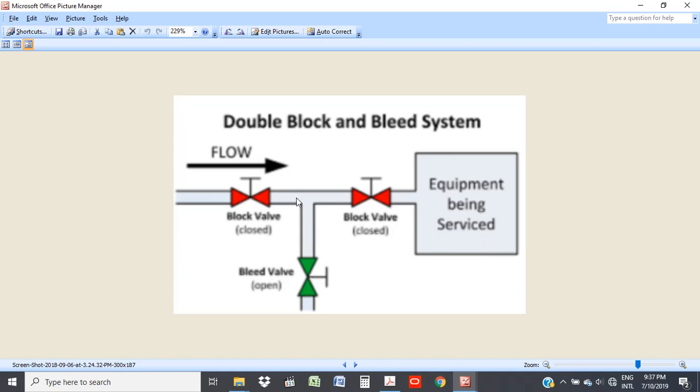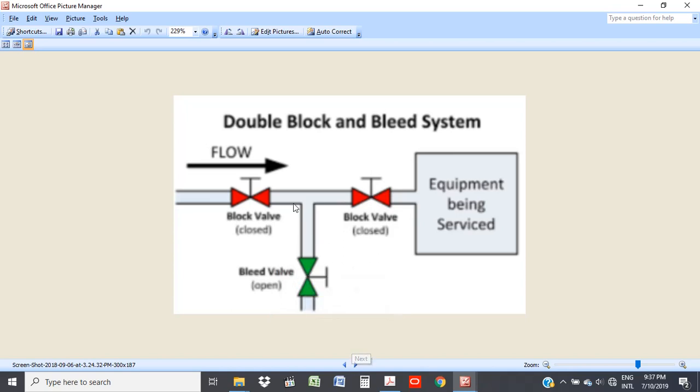So it could be a lot of high pressure or a lot of liquid in there, so you bleed it out, so you can now actually work on this equipment without any problems. So you close the one on the left, you close the one on the right, and then you bleed the one in the middle.